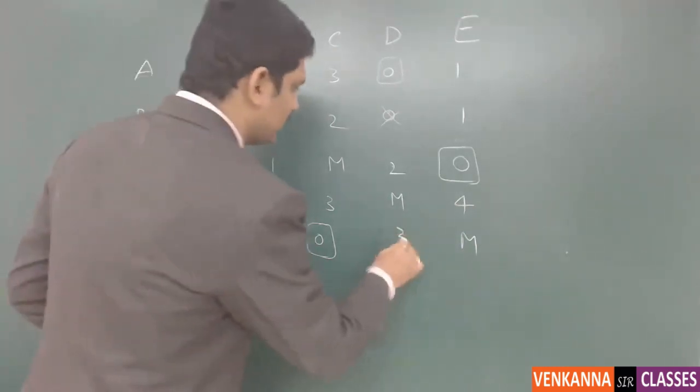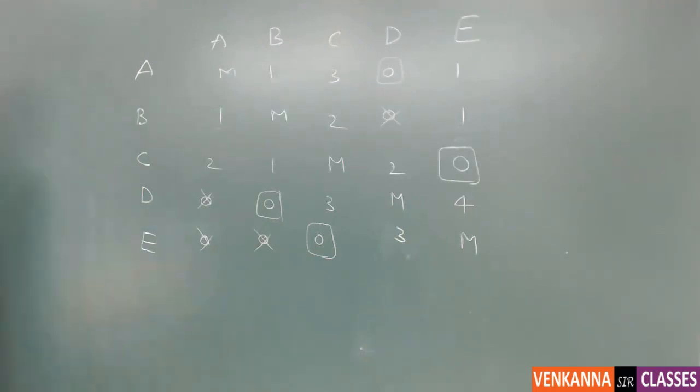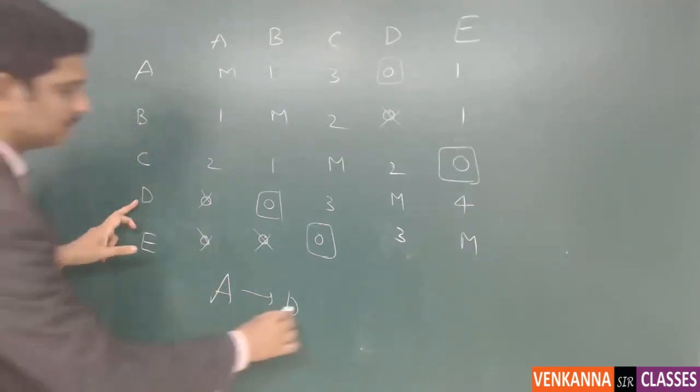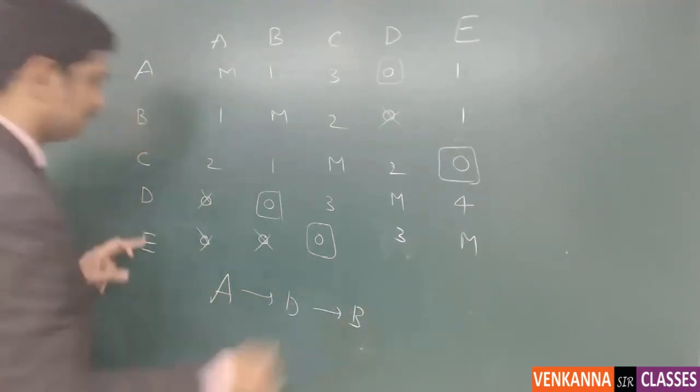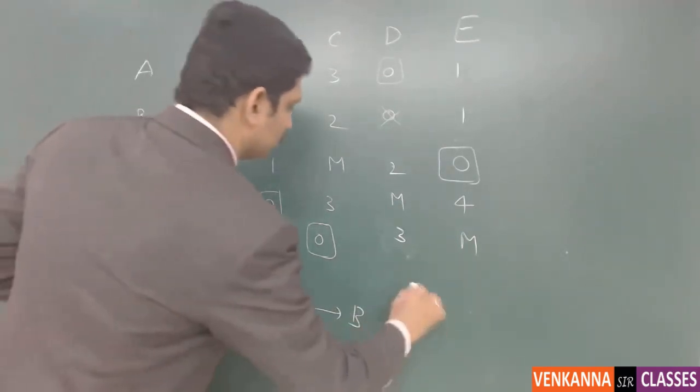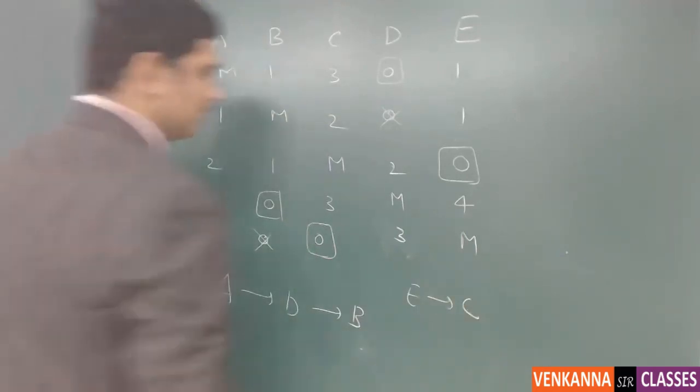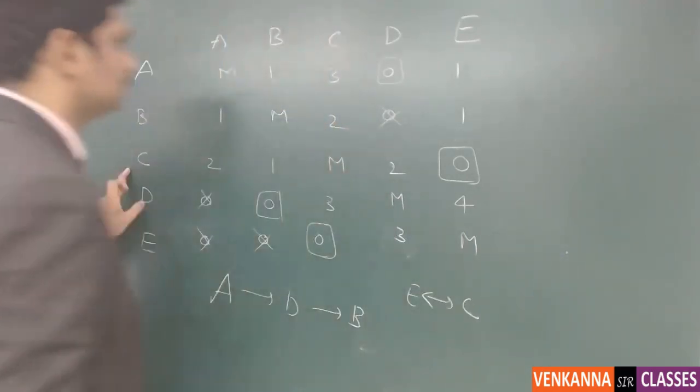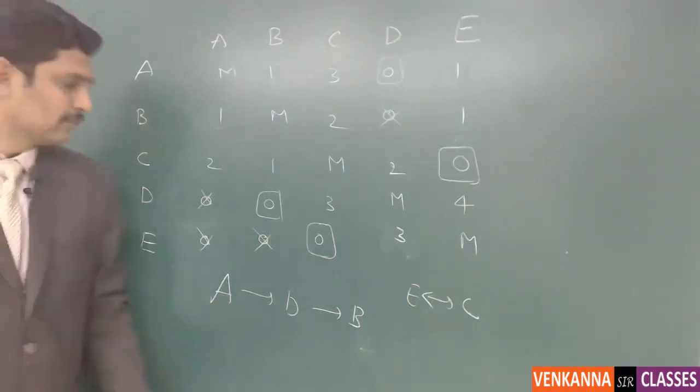I am taking the inputs from your side. Is it fine? Right. Now, is this assignment optimal? Because if you have taken that A wishes to go to D, and for B there is no allocation, C wishes to go to E, and D for B, so D goes to B, and E goes to C, and C goes to E. Isn't it?